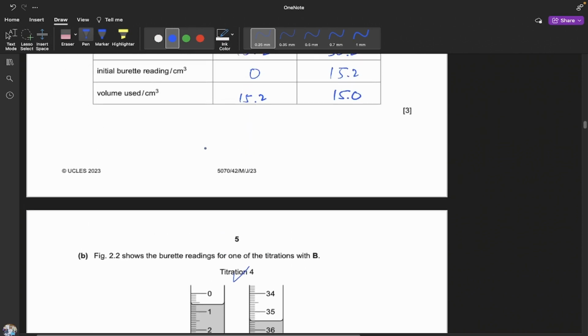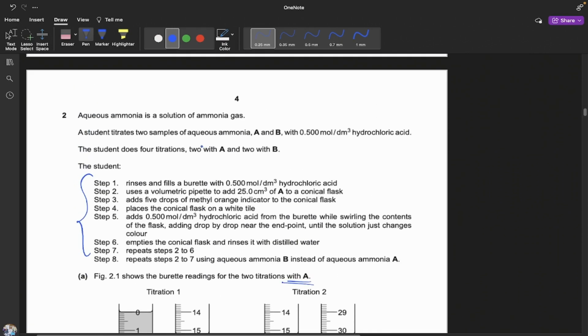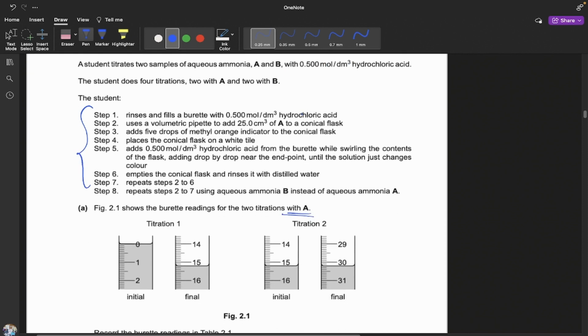Okay, now we have to read the question. A student uses two samples of aqueous ammonia, A and B, with 0.5 mol per decimeter cube of hydrochloric acid. So this is an acid-base titration. The student does 4 titrations, 2 with A and 2 with B. Step 1, rinses the burette with hydrochloric acid. Next, using a pipette, adds to the conical flask. Then 5 drops of methyl orange to the conical flask. Places the conical flask on a white tile.